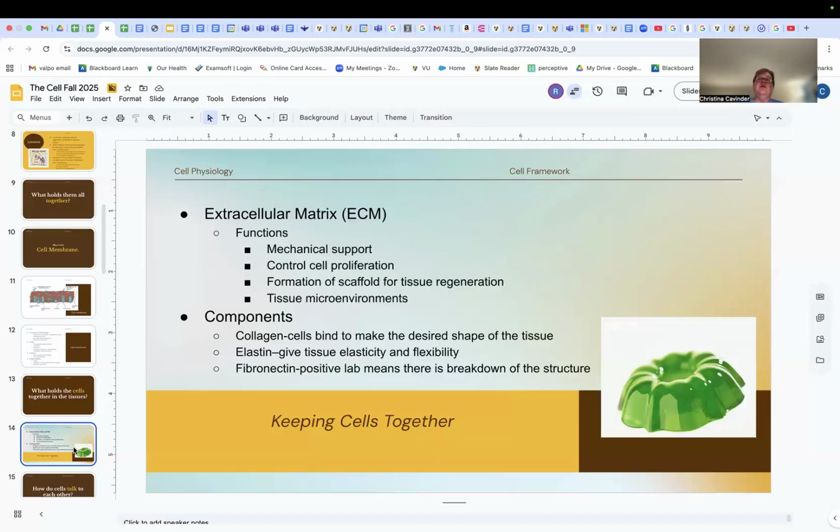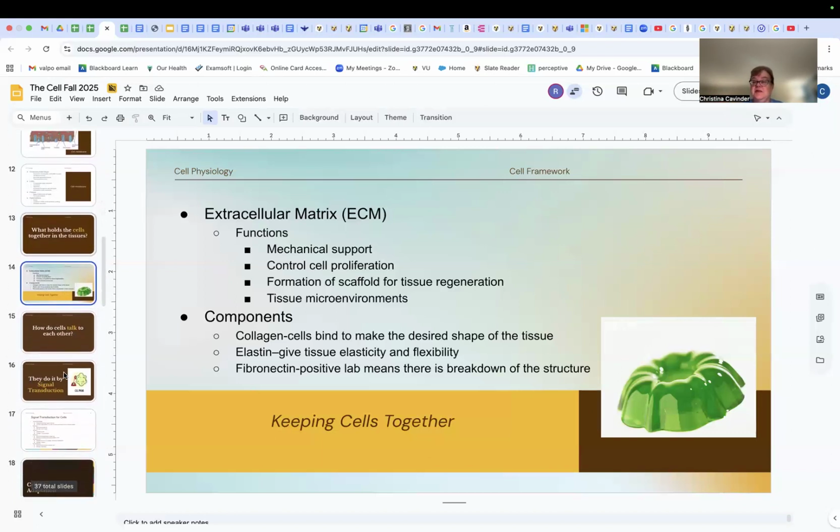I know that OB orders a lot of fetal fibronectin, and that's looking to see if you're going to deliver soon. The lab checks whether fibronectin from the fetus is there, and if so, the mother is going to deliver. It helps us determine whether they're in preterm labor or not.